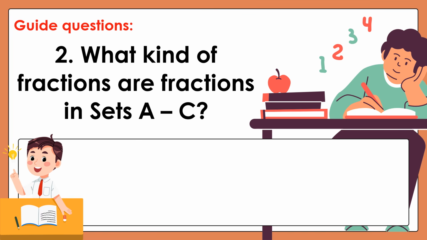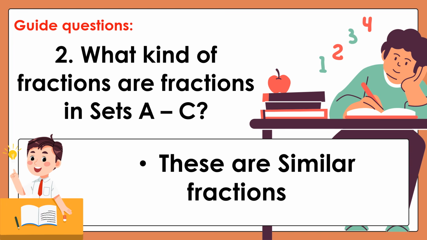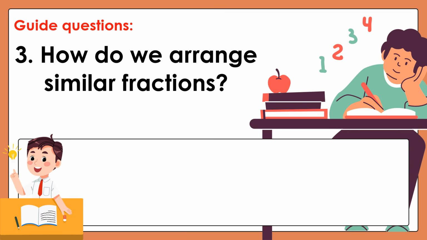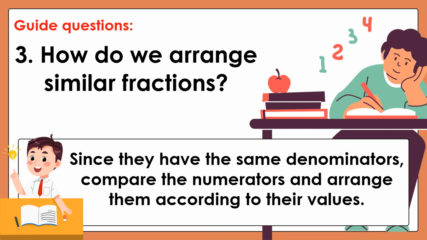Second, what kind of fractions are fractions in sets A to C? The answer: these are similar fractions. Third, how do we arrange similar fractions? Answer: since they have the same denominators, compare the numerators and arrange them according to their values.